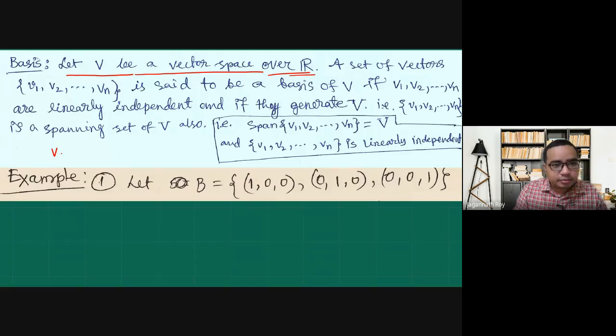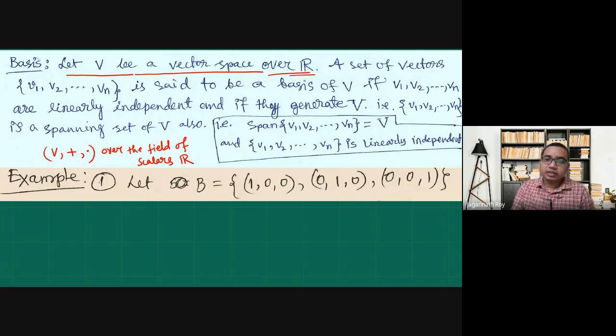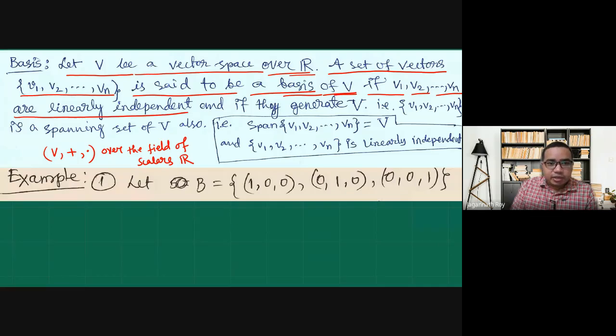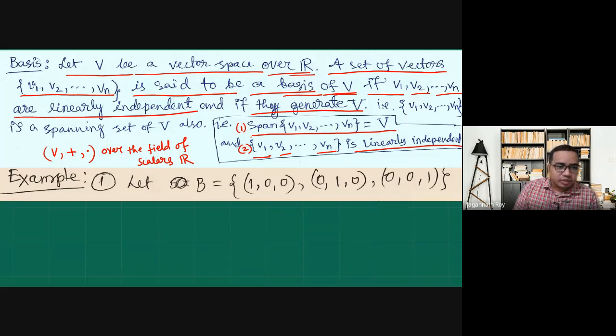Whenever we say V is a vector space, that means it has two operations over the field of scalars R. Then a set of vectors V1, V2, up to Vn is said to be a basis of V if V1, V2, up to Vn are linearly independent and they generate V. If they generate V, they have to satisfy these two conditions: the span of V1, V2, up to Vn is equal to V, and V1, V2, up to Vn are linearly independent. From this, remember the basis.